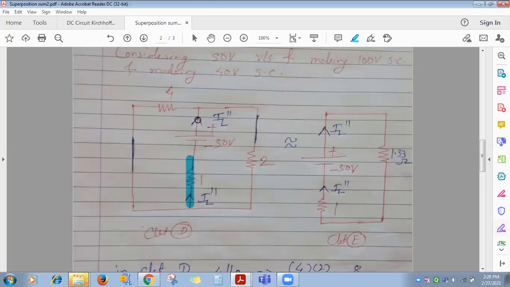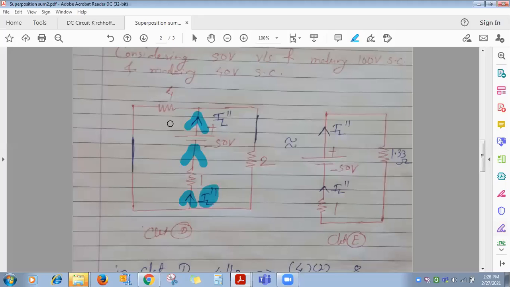If I use the conventional current direction, if current is flowing through the source in upward direction, then obviously through the 1 ohm it will flow in the upward direction, because whatever current leaves the positive terminal returns back to the negative. And it's a load resistance with the second source, that's why I have denoted it here as IL double dash. Clear?